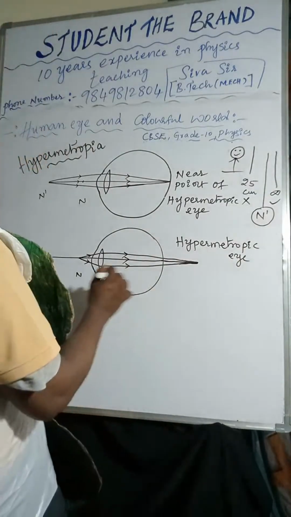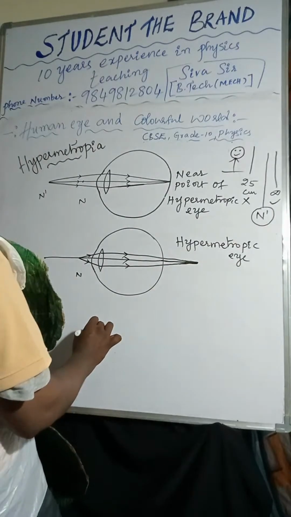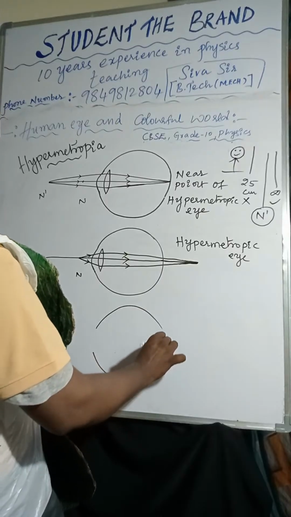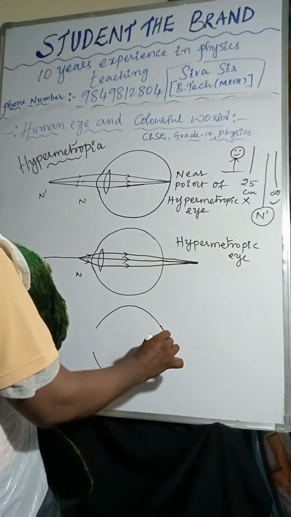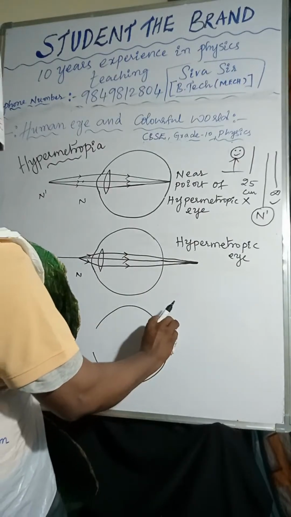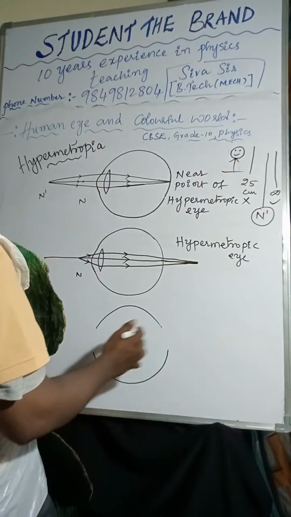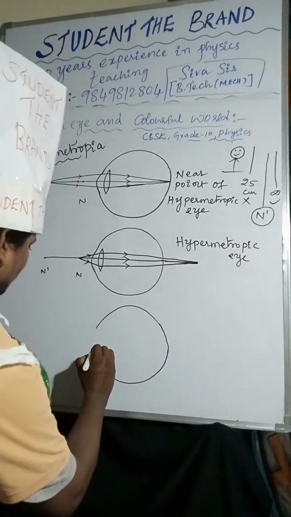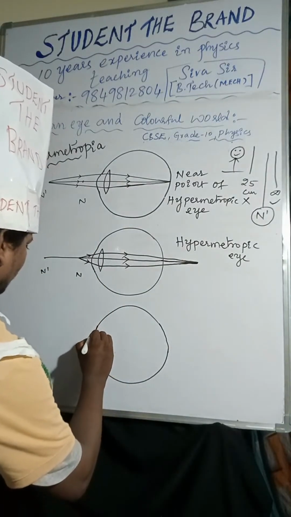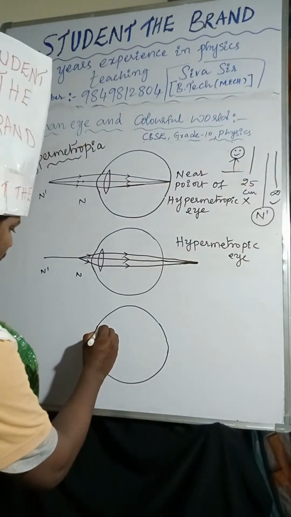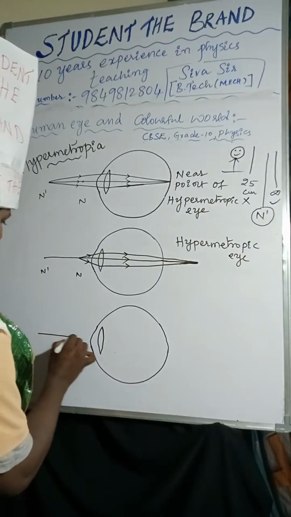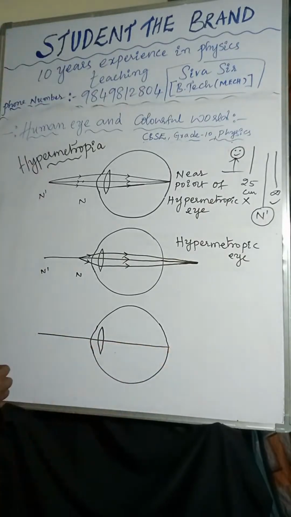Now we will see the correction of hypermetropia. For correction of hypermetropia, which lens are we using?